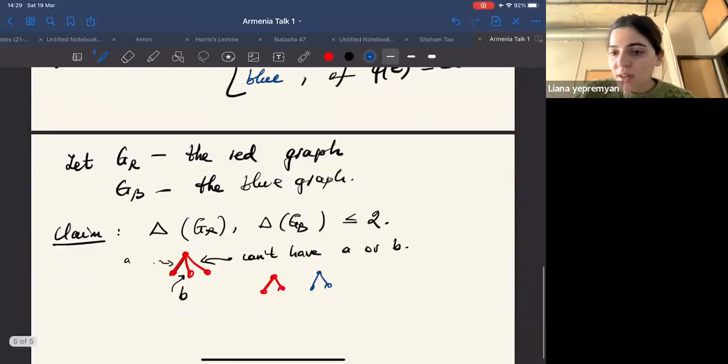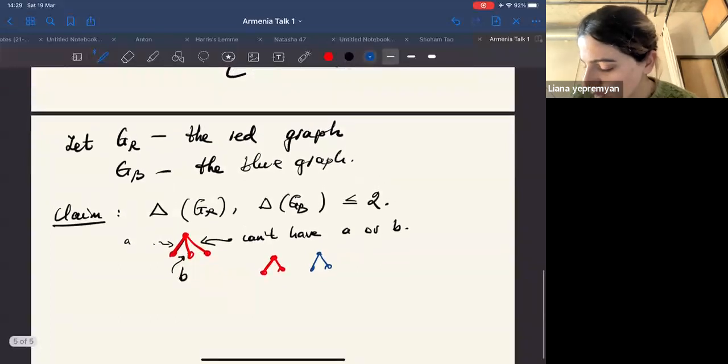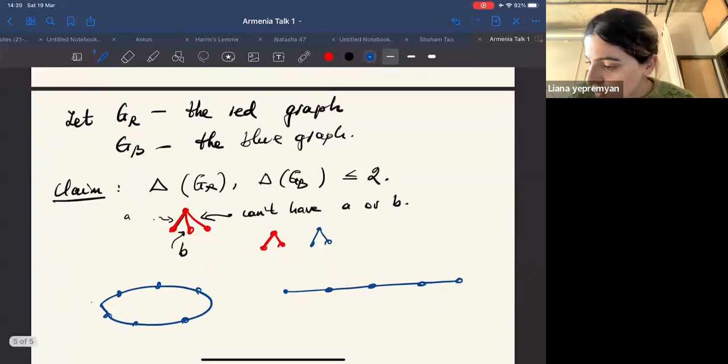And what are the graphs whose maximum degree is at most 2? As Petros said in the introduction, they're either paths or cycles, right? So these graphs are going to look like either, say in blue, cycles or paths. Same in red, right? So now what is the problem?